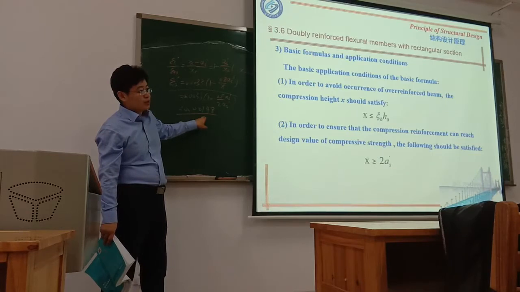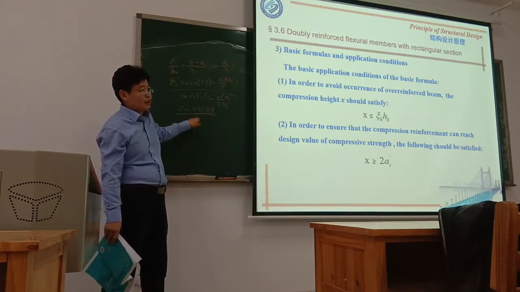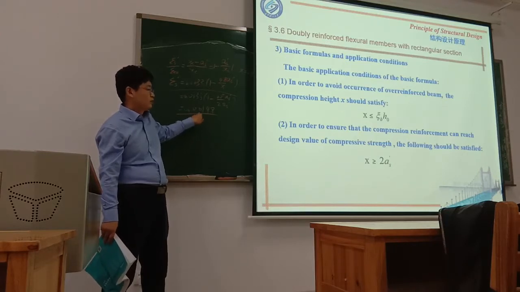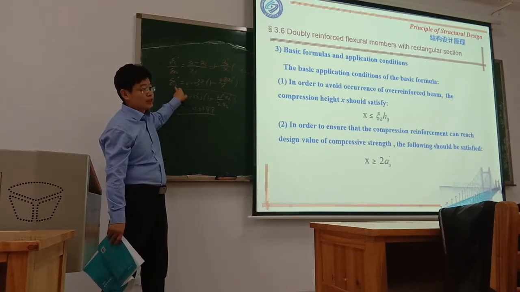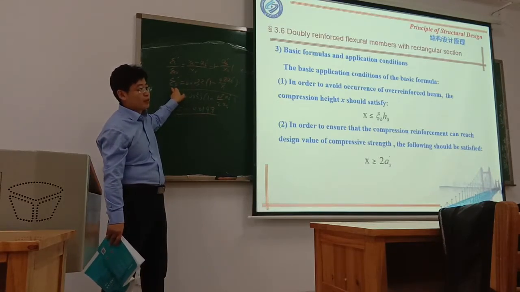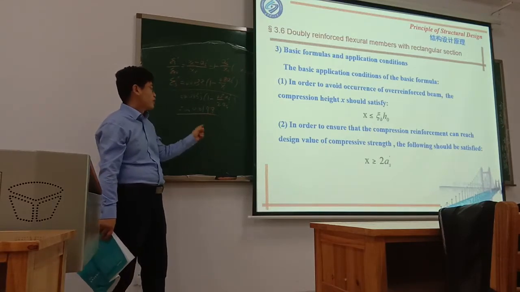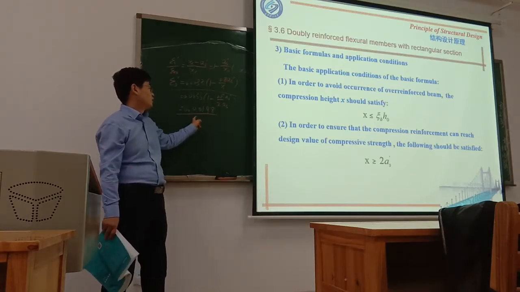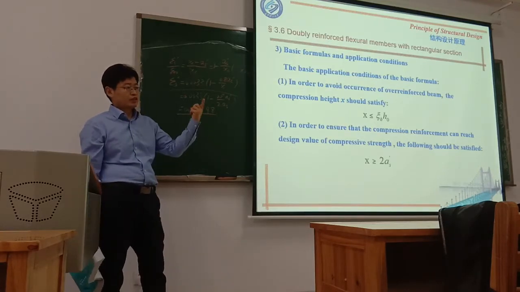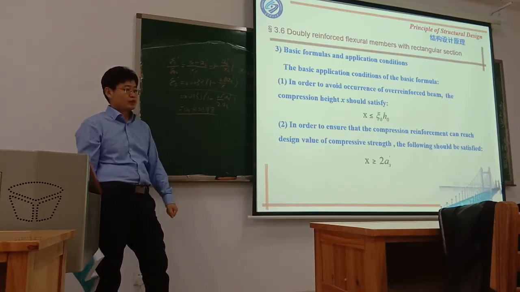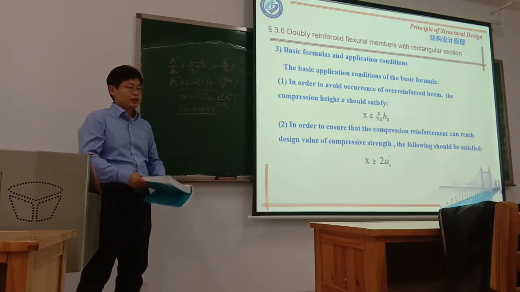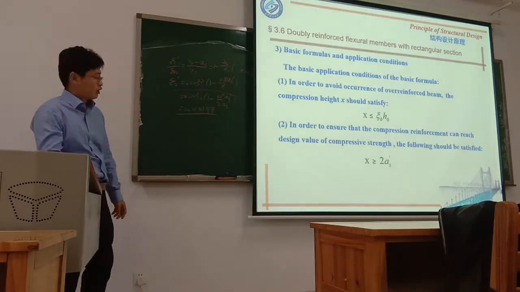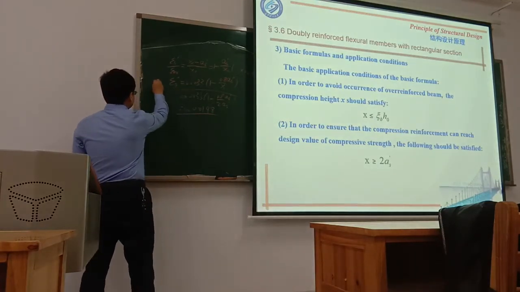And also you should know the yield strain of the steel reinforcement is 0.002. Once the strain of the reinforcement in compression reaches 0.002, that means the reinforcement reaches the yield strength.